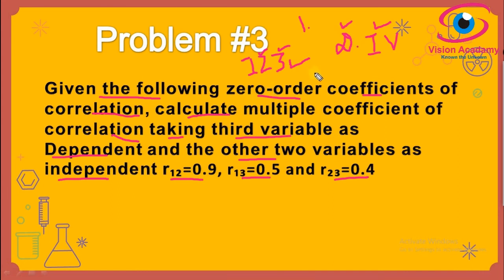For example, I can form it as 3 as the dependent variable, and the other two variables as independent variables, 1, 2. So 3.12 we need to calculate.